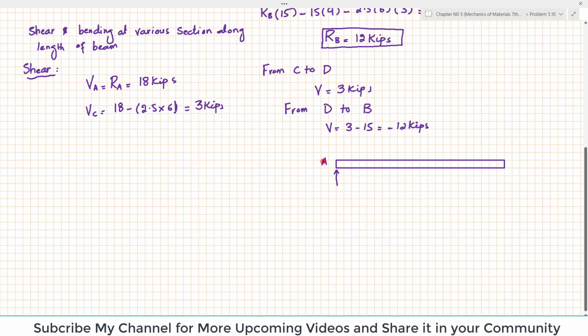This is point B where RB is applied, and RB is equal to 12 kips, and RA is equal to 18 kips. Clear?